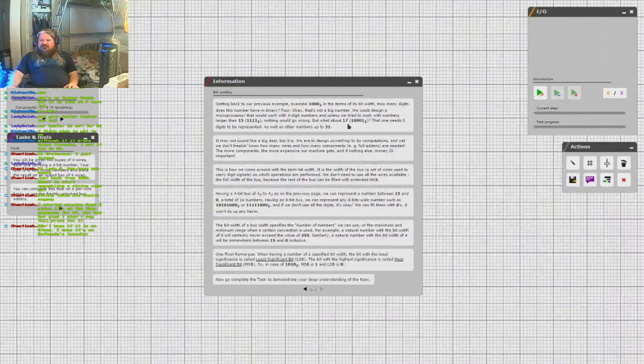But what about 17, 10001 in base 2? That one needs 5 digits to be represented, as well as other numbers up to 31. It may not sound like a big deal, but it is.